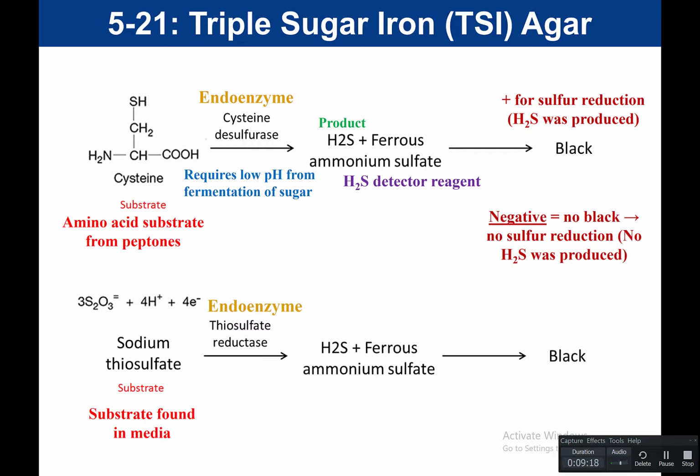And so this is your reaction. So you need to include on your biochemical sheet, there are two substrates, there are two enzymes, but there's only one product, there's only one reagent for this part. And you want to record what the positive looks like and the negative looks like for both reactions.